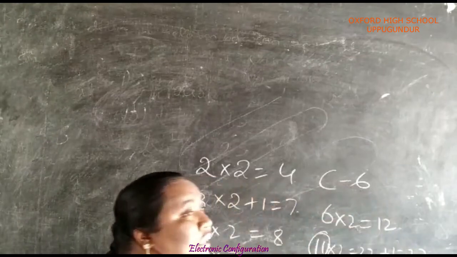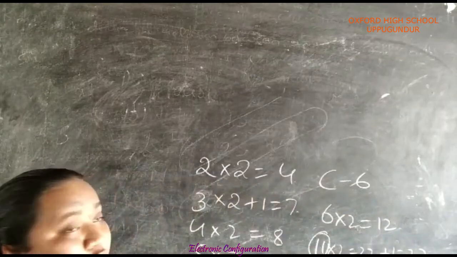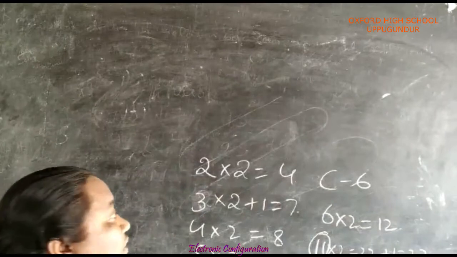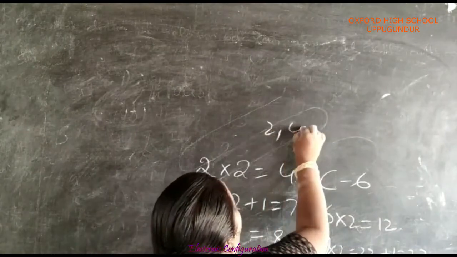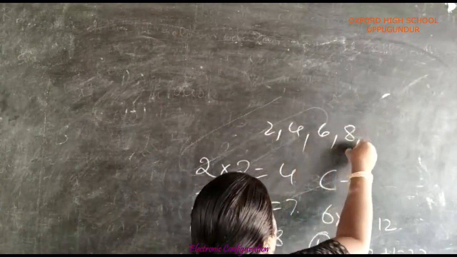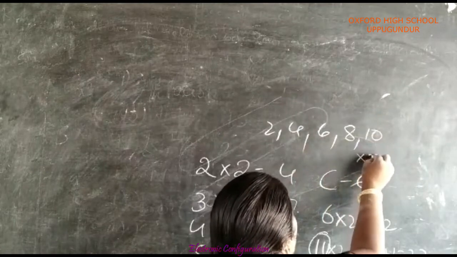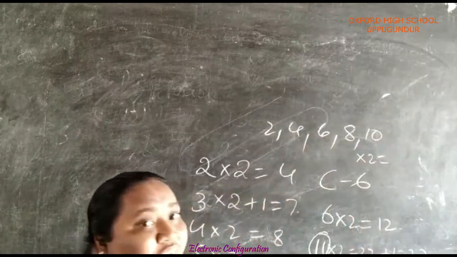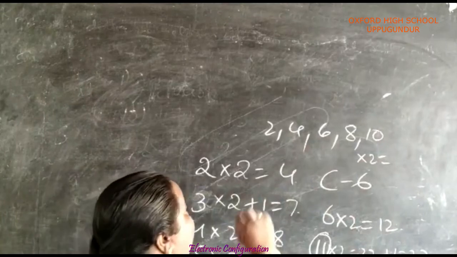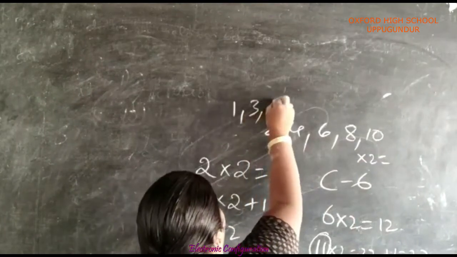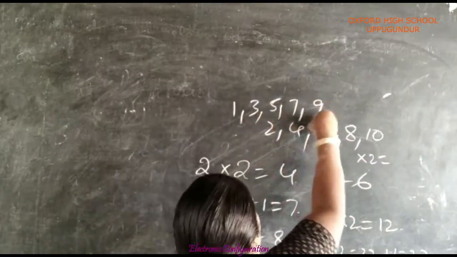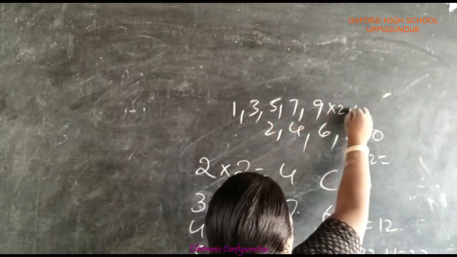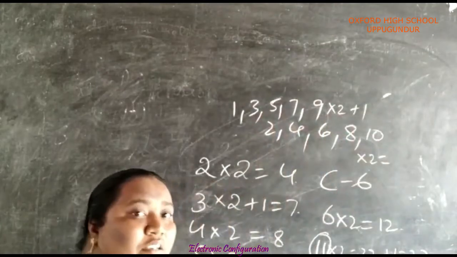So we can calculate the atomic weight in this way. For even numbers like 2, 4, 6, 8, 10, just multiply with 2 to get the atomic weight. For odd numbers like 1, 3, 5, 7, 9, we multiply with 2 plus 1 and get the atomic weight.